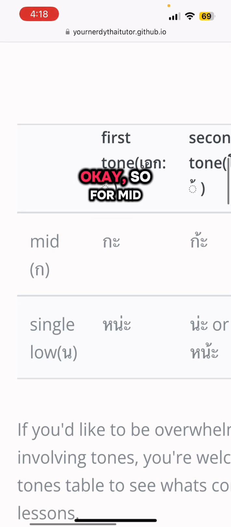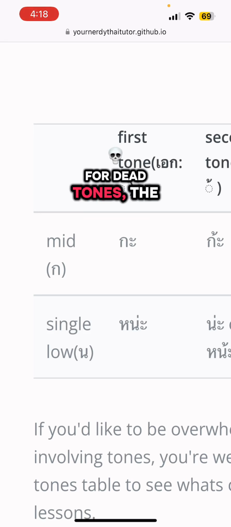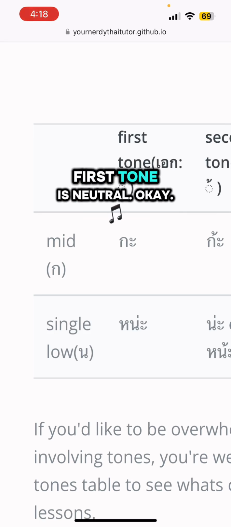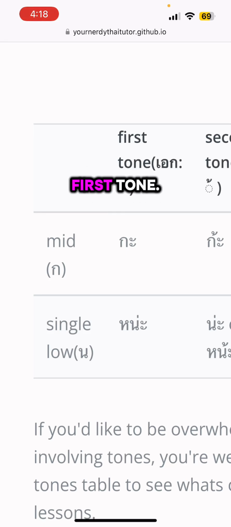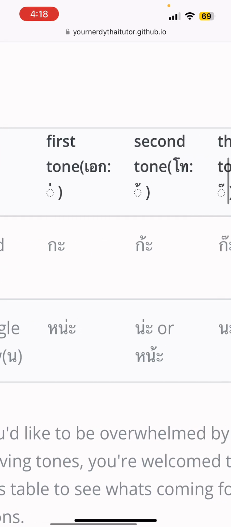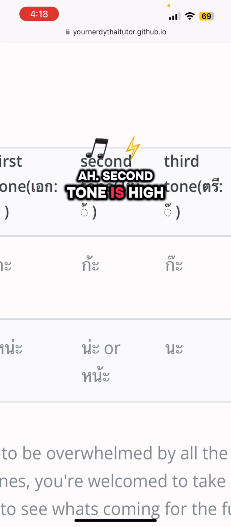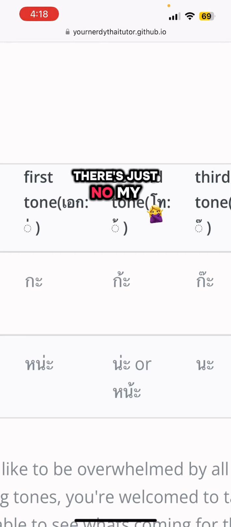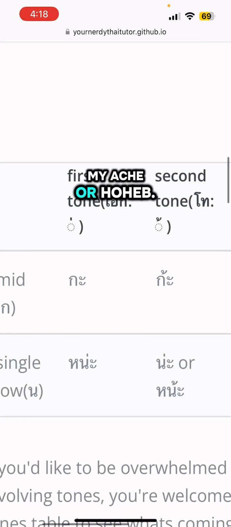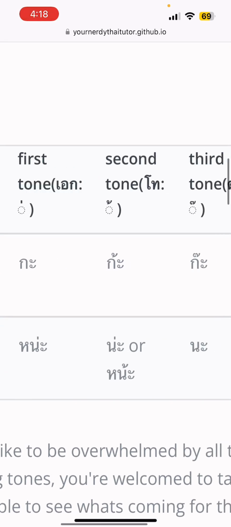Okay. So for mid-tone consonants, for dead tones, the first tone is neutral. Okay. The single low has a mai ek for the first tone. Second tone is high. It stays the same. That's fine. There's just no mai ek anymore for the midtones. That's mai ek or ho hip for the single low.